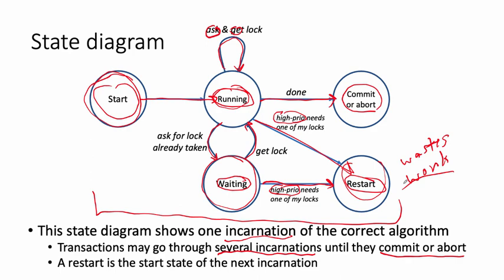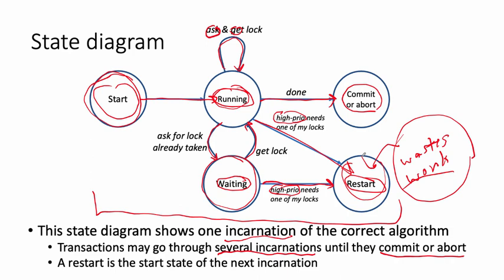A deadlock detection algorithm will also pay a price because it has to go and analyze the wait-for graph to see whether there's a cycle. That also takes computation. And then it has to force some transaction to abort or to restart. So again, there will be some wasted work. So deadlock solutions are always going to have a price. Here, the price is that there's going to be some wasted work when a transaction is restarted. So we hope that there will not be so many restarts.